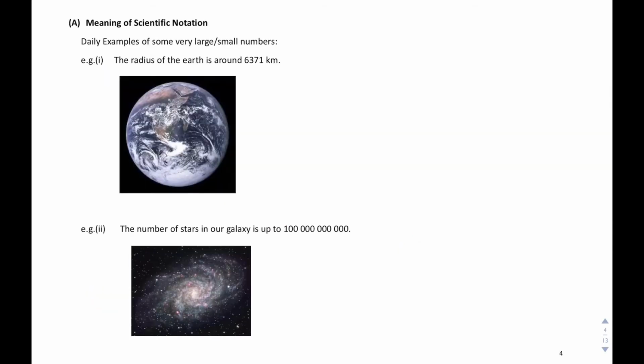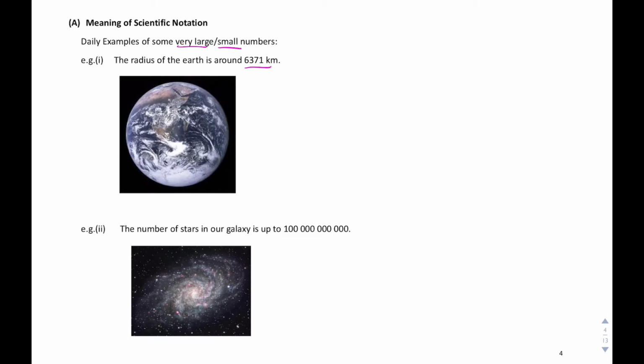After studying a few questions, here we meet some very large or very small numbers. There are some more daily examples for you. Say, we have the radius of the Earth is around 6,000 something km.